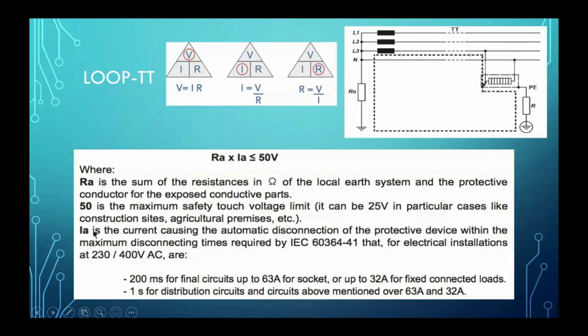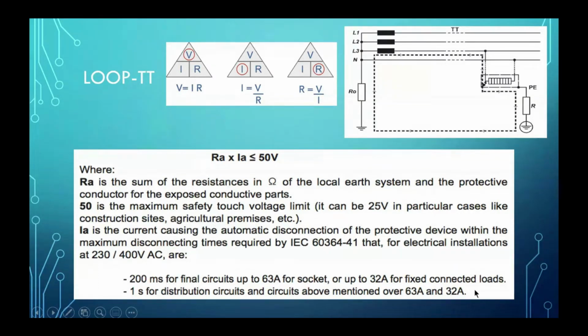So I proceed to the IA. IA is the current causing the automatic disconnection of a protective device within a maximum disconnecting time required by the IEC standard for electrical installation, 230 volt single phase or 3-phase. The tripping current must be lower than this.